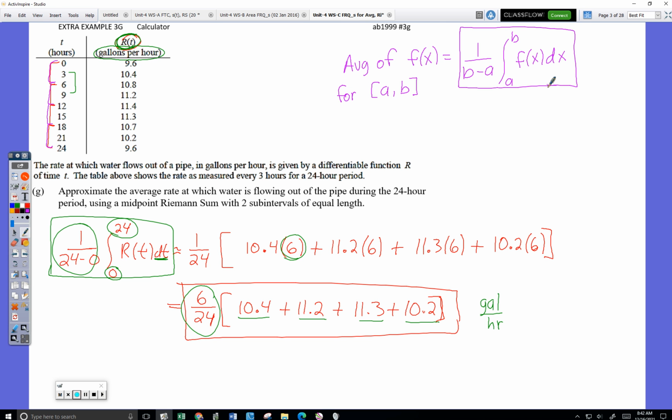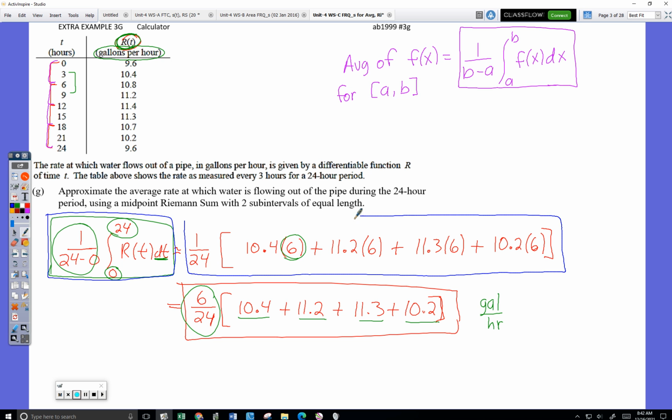They give you 1 point, as always, for writing the integral. That's pretty common. They would give 1 point for having the right computations, which is where you could just stop. I wouldn't go further. Don't factor out the 6. I'm just factoring out the 6 to prove to you that it's working.